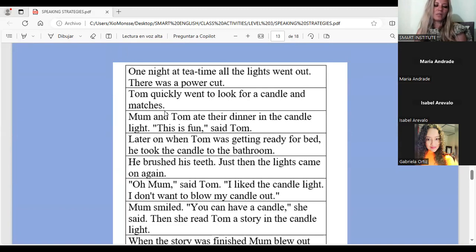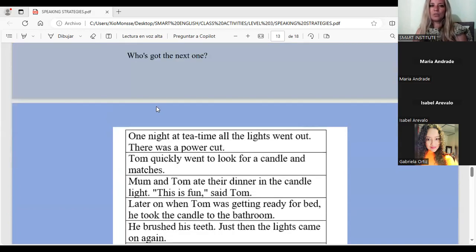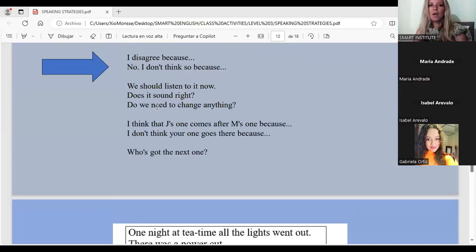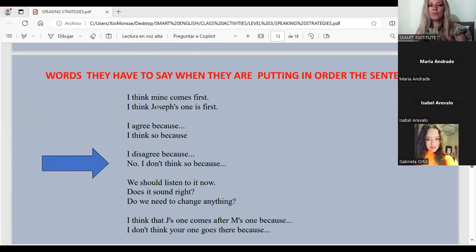You can do this activity with high levels too, but obviously the story contains another kind of vocabulary, according to the unit that you have. So that is the vocabulary that you have to encourage your students to say when they are constructing the story.